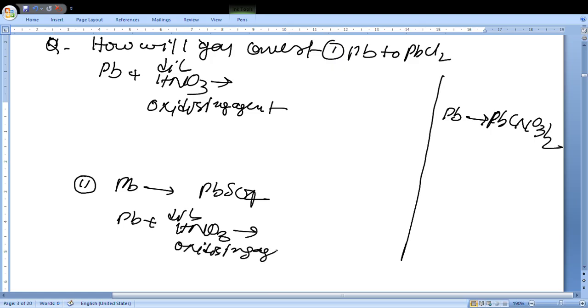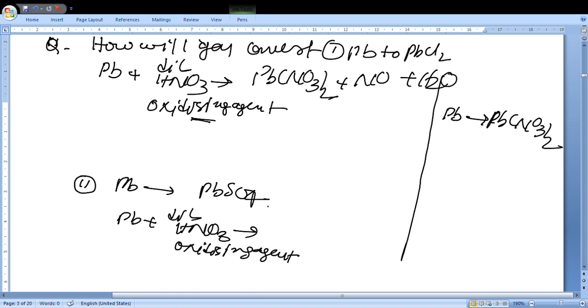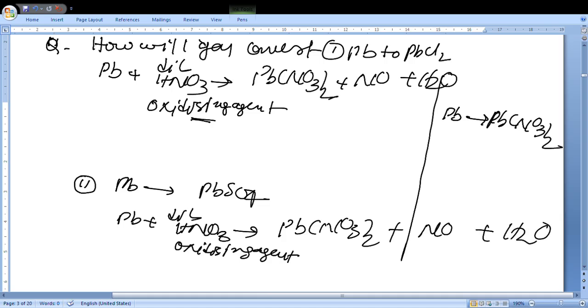The oxidizing agent means it will oxidize Pb into Pb2+, in the form of Pb(NO3)2. If it is an oxidizing agent, it will get reduced to form NO plus water. Now the reaction will not get stopped.